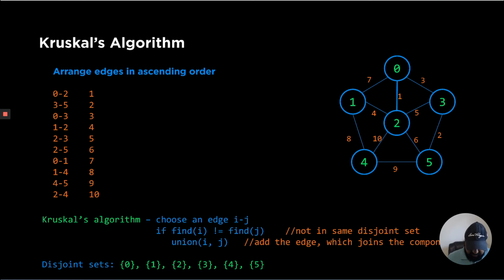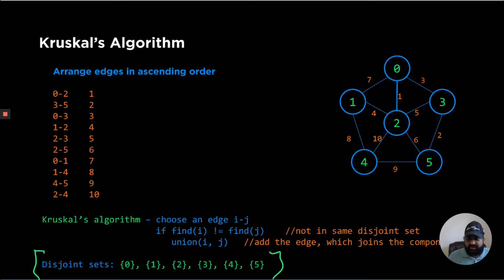So how this works is we choose an edge in Kruskal's algorithm. Now we use the find operation: if find of I is not equal to find of J, then we union both the sets. So what I mean by that is we'll start the algorithm with V number of sets.